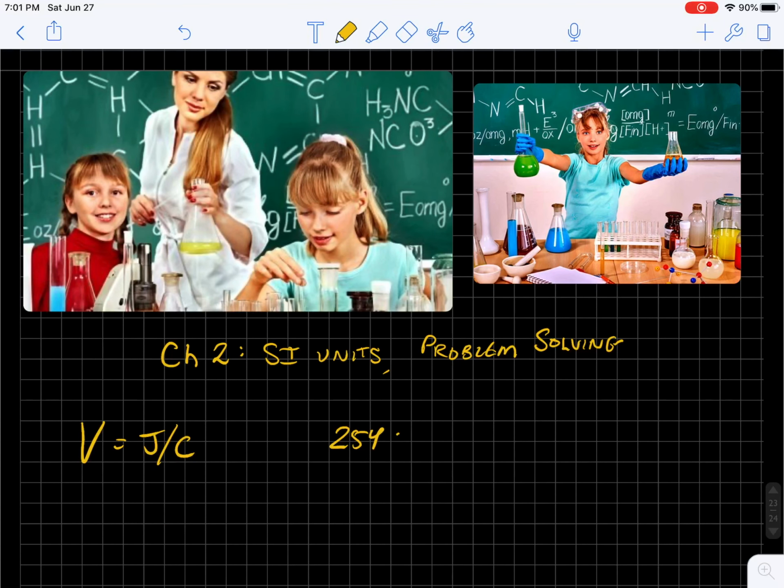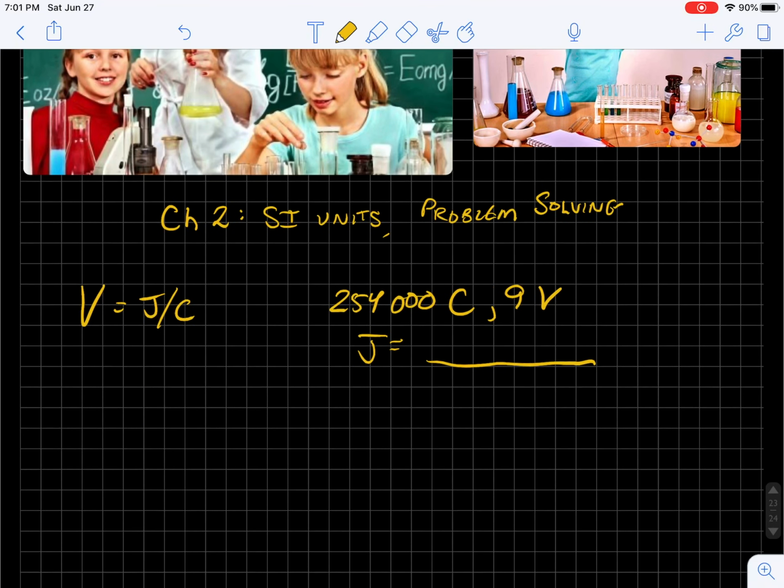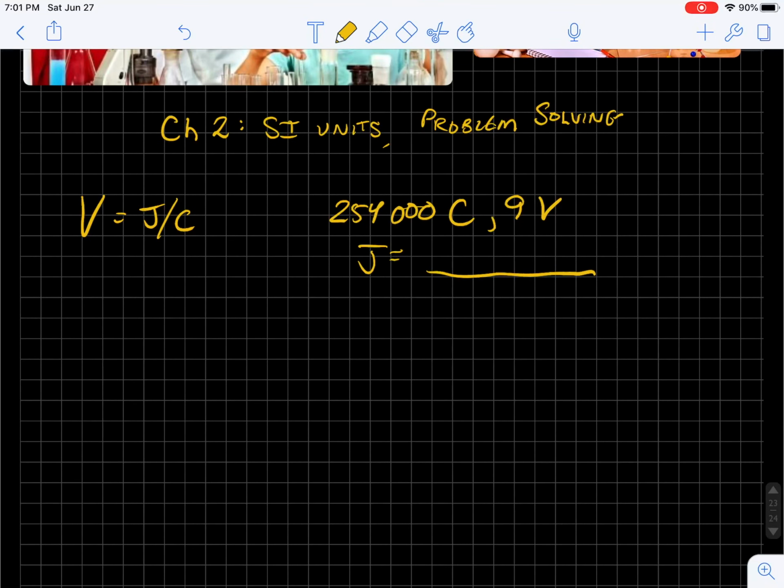Suppose they say we have 254,000 coulombs, and we're going to use a 9-volt battery. If we pass 254,000 coulombs of electrical charge, I want to know how many joules of energy the battery is going to produce.